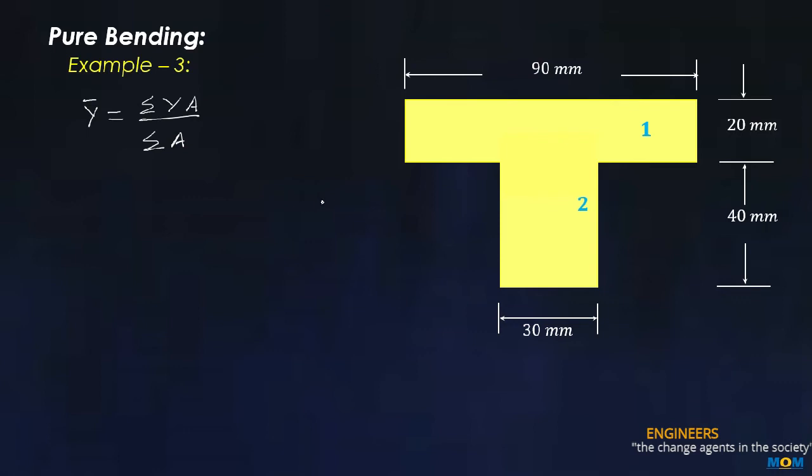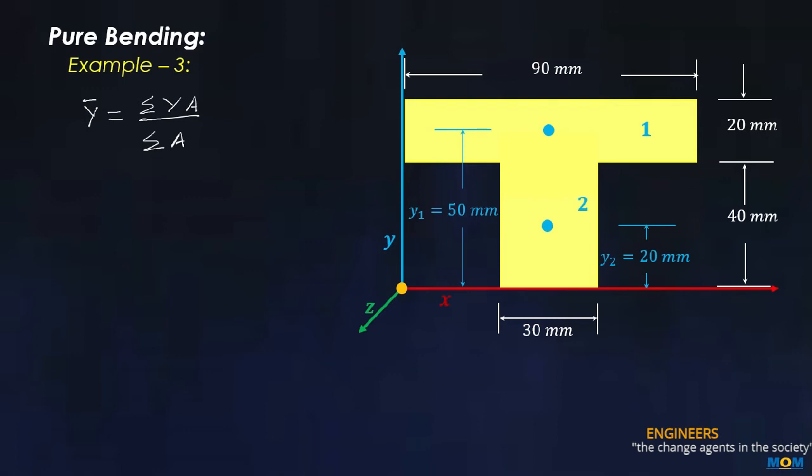Now to start with, we have to fix a reference line for the calculation of centroid. Here x-axis is the reference line, and from this reference line the centroid of rectangular bar 1 is going to be 50 millimeter, and the centroid for rectangular bar 2 is going to be 20 millimeter.